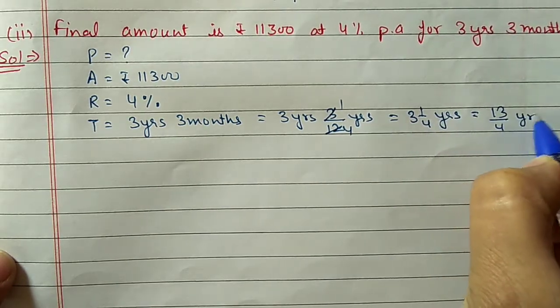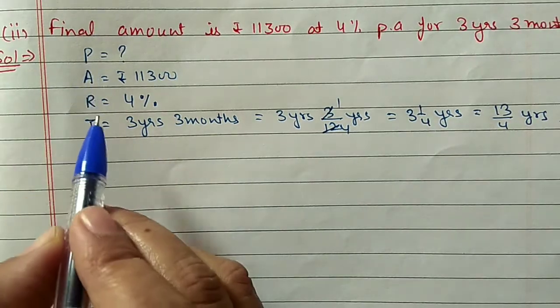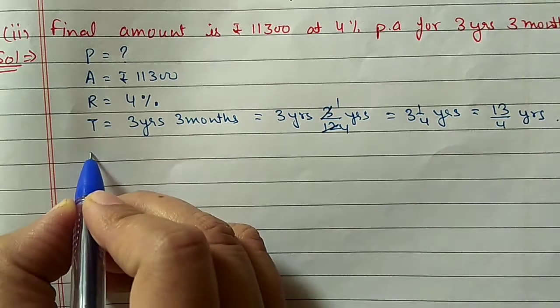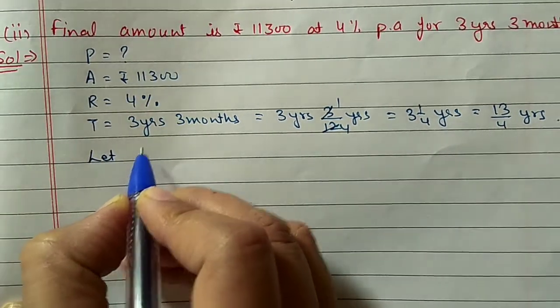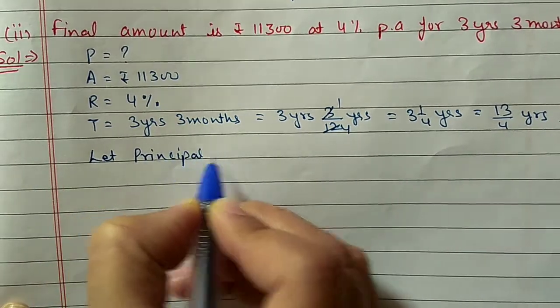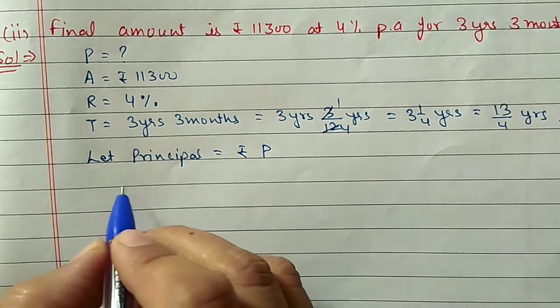So 3 whole number 1/4 years, which we can write as 13/4 years. Now principal is not given, we have to find it out. Simple interest is also not given. So let the principal be P. Then according to this we will do the calculation.